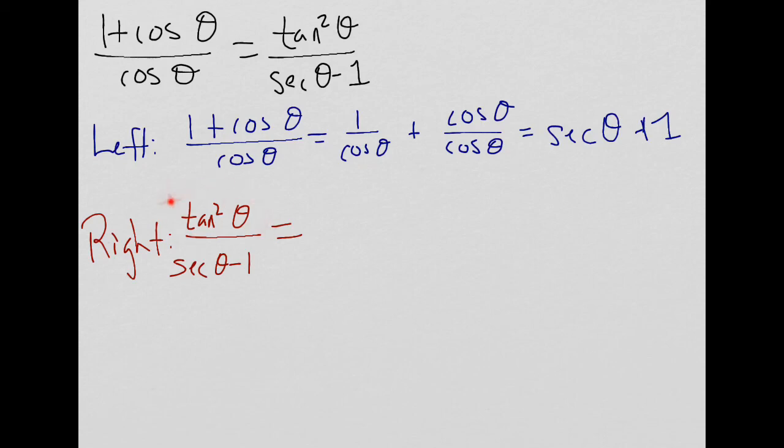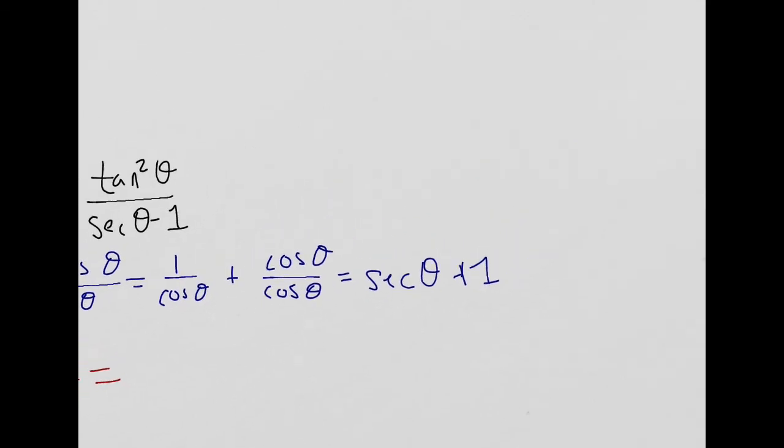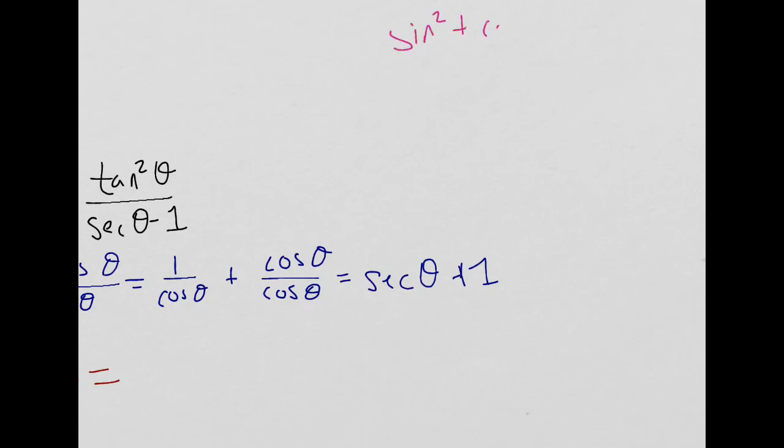Now, from the Pythagorean identity, we have something for tangent squared. So let's go off to the side, do our Pythagorean identity again. Sine squared theta plus cosine squared theta equals 1. And if I divide everything by cosine squared, tangent squared theta plus 1 equals secant squared theta.